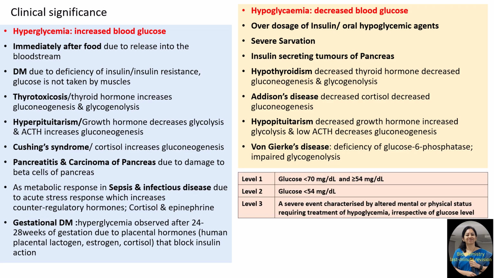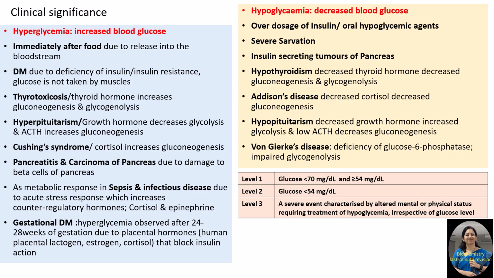Now what are the different levels or severity of hypoglycemia? Level 1 or mild hypoglycemia is characterized by blood glucose less than 70 milligram per deciliter but more than 54 milligram per deciliter. Level 2 or moderate hypoglycemia is characterized by blood glucose less than 54 milligram per deciliter.